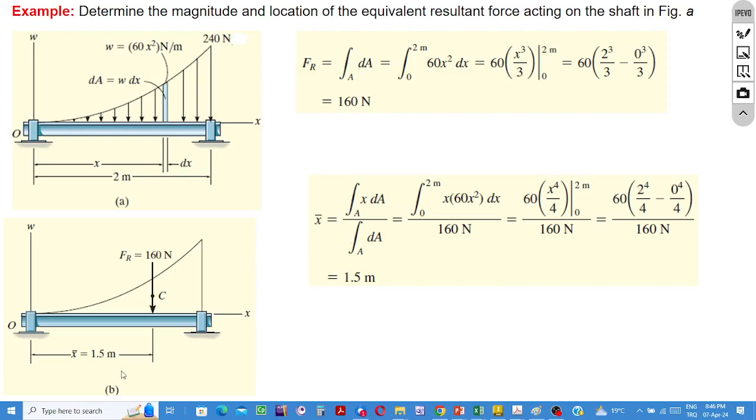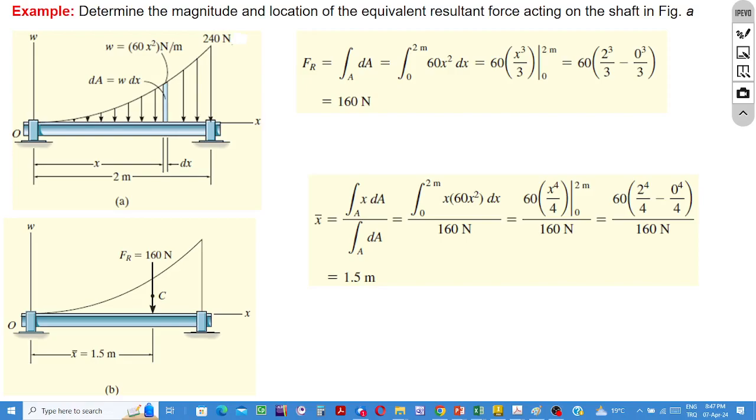The coordinate of the line of action of the resultant force can be determined using the expression used for finding the coordinate of the centroid of the area under the curve.